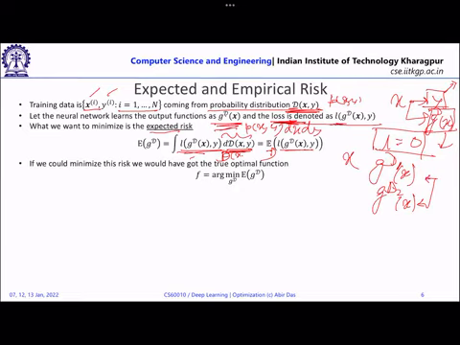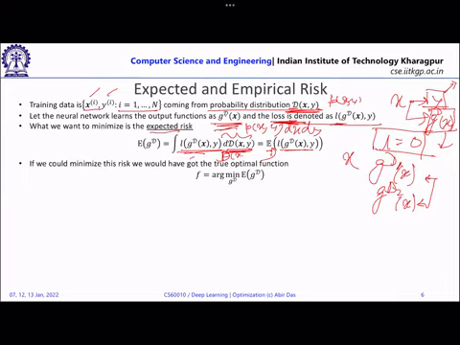So what this is saying is that you weigh the loss function coming from each of the training pairs with the corresponding probability. What probability? The probability of getting that image in the world population, right? So did you get the problem?